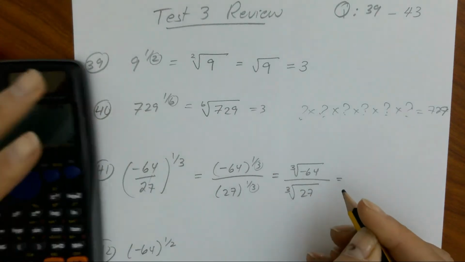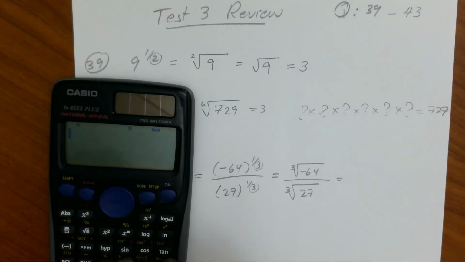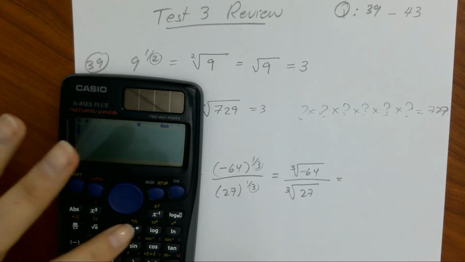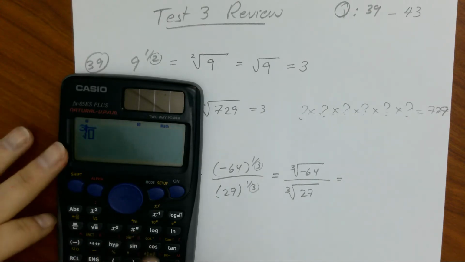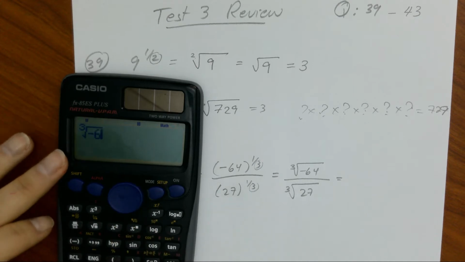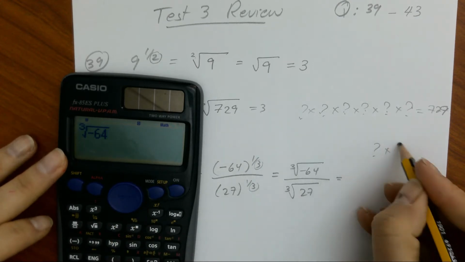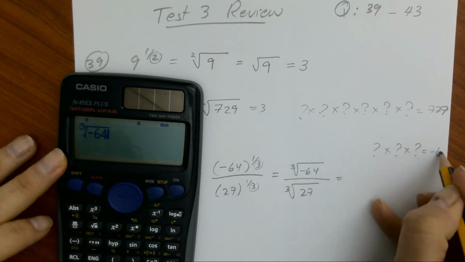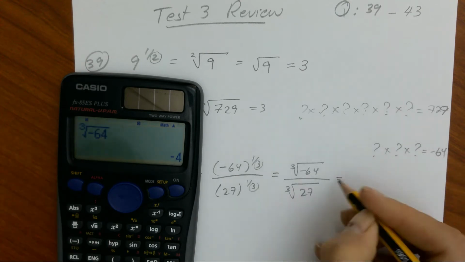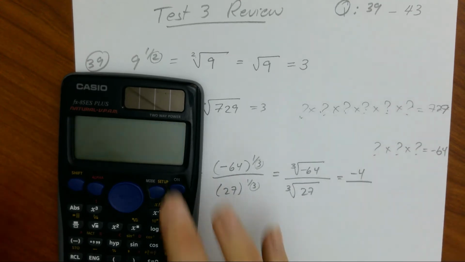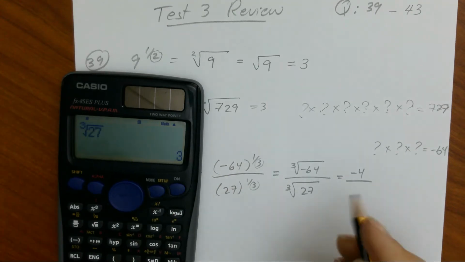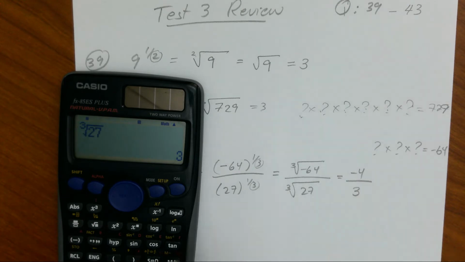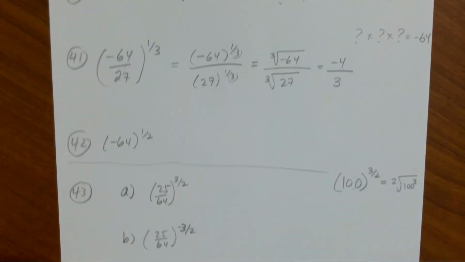So then, I can just go, okay, use that button, and I go third root of negative 64. So that means what times what times what equals negative 64? Negative 4. And then on the bottom, third root of 27, 3. There, that's it. Let's look at the next one.